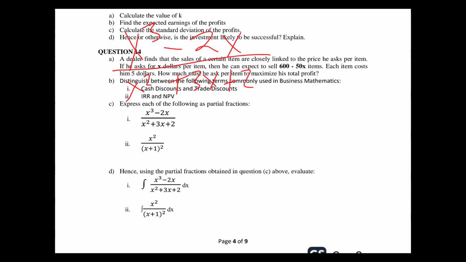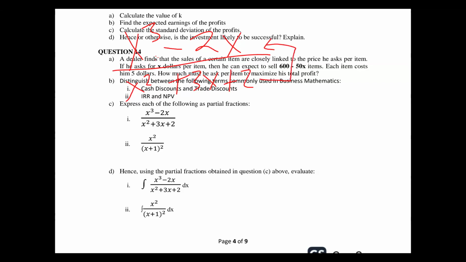When you check this function, you will notice that the numerator has got the highest power as compared to the denominator. So before you could go ahead and decompose the function as a partial fraction, you got to divide this quadratic into this numerator.